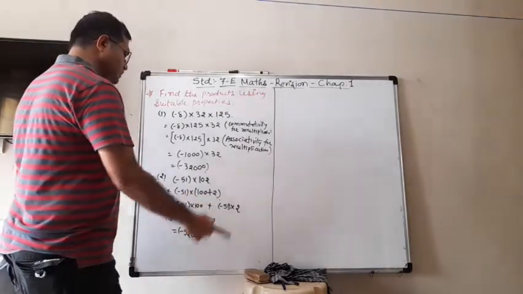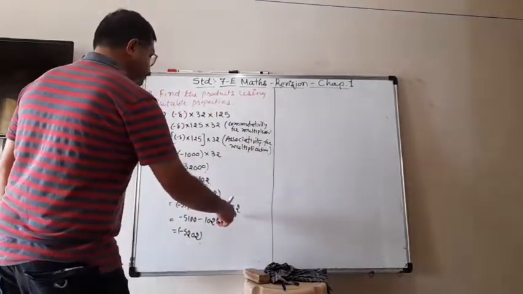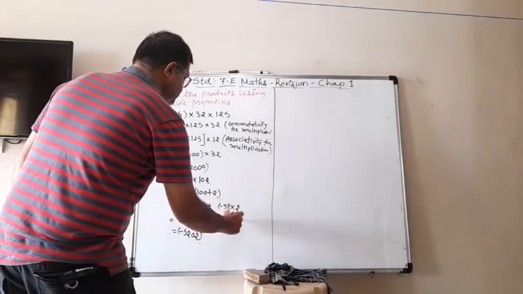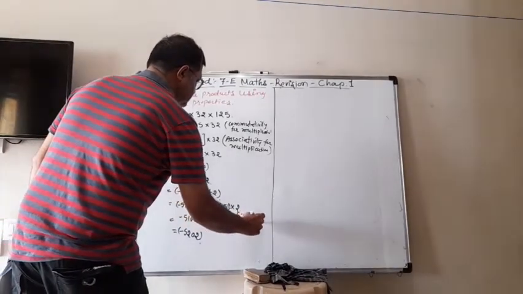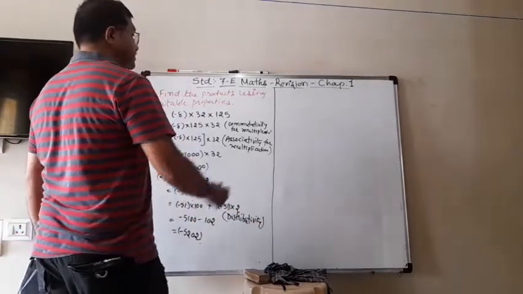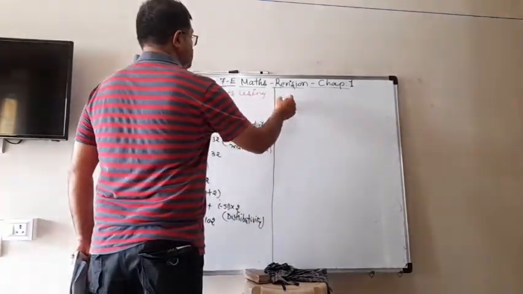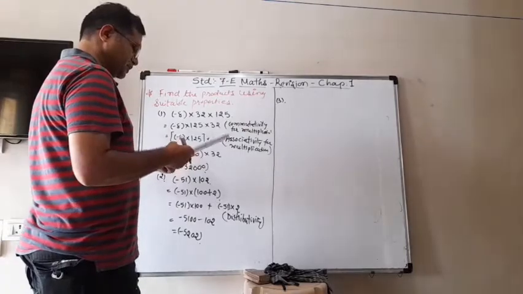So it becomes easier. So here we use that distributive property that we have to mention, distributivity. So that is the way we have to use the properties.